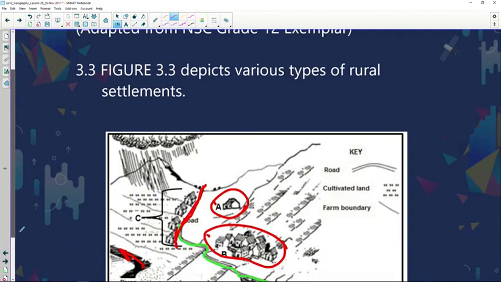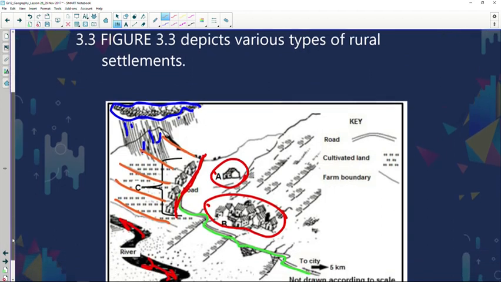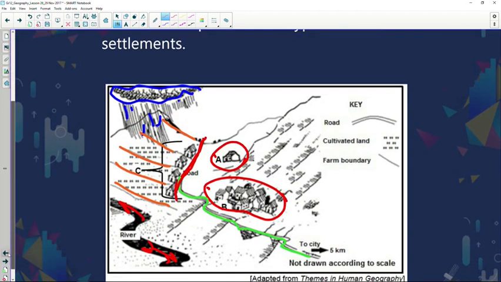Now, as you can see, there's a rain cloud above over there, and if you look at their farmland, it's been built upslope with a steep gradient. Now, why do you think they will experience soil erosion? First of all, they should not farm on steep slopes because it's going to create runoff. And if they practice the wrong farming methods, what's going to happen with the topsoil? It's going to be washed away.